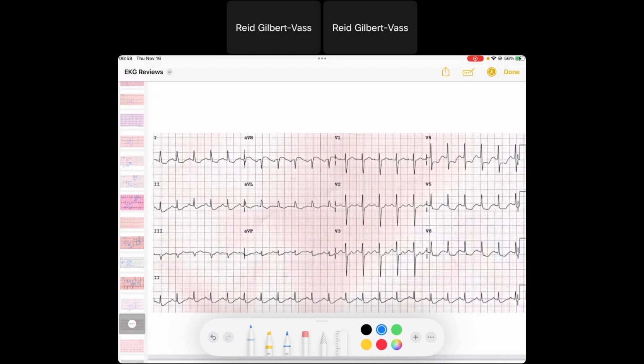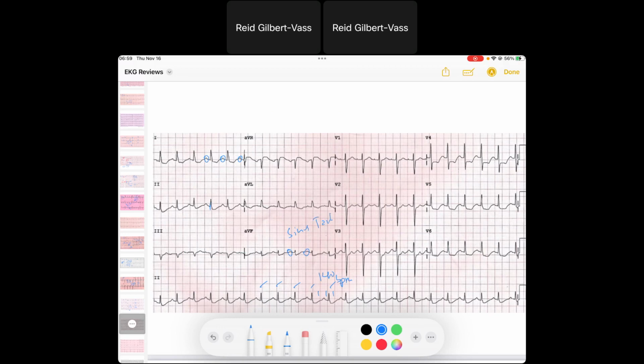Okay, so here we've got a regular rhythm. Rate is 300, 150, 100, maybe 140 beats per minute. We've got P waves that are kind of sliding in. They're upright in 1, they're upright in AVF. It's a sinus tachycardia.